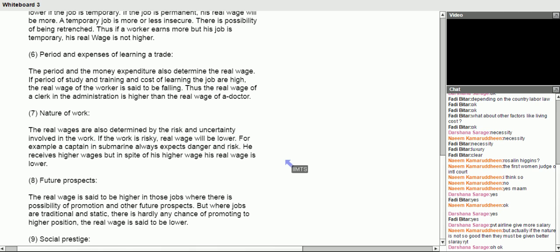What did you say? If the nature is not so good, then why must they be given better salary? It is because of the nature of work only. They are provided financial security. They can save and build up their future in a short span of time, because for them life is really uncertain. They have to make a lot of sacrifices.